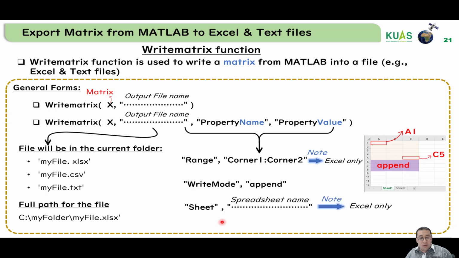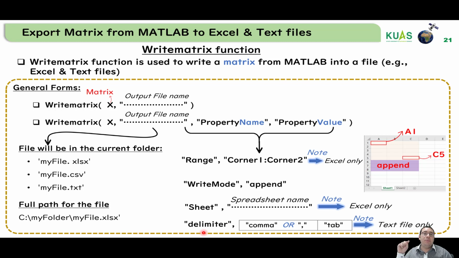The third option, if you use an Excel file and you have different sheets and you need to export the output to a specific sheet, is to write Sheet, then a comma, and then the sheet name, so it will be saved in that sheet. But this is only for the Excel case. Finally, if you are writing the data to a text file, you should define which separator or delimiter will be used.